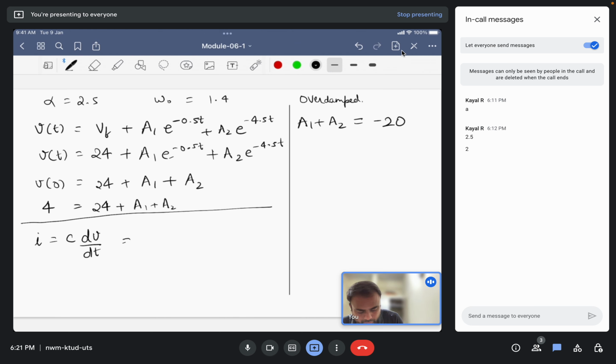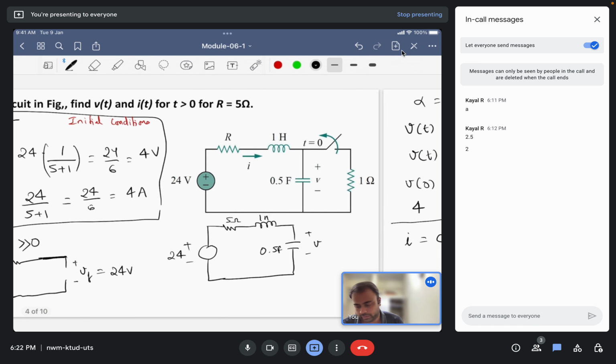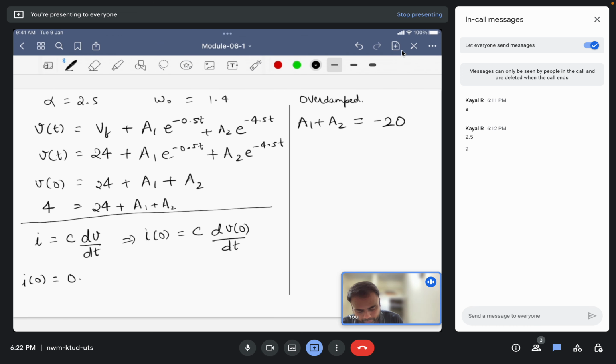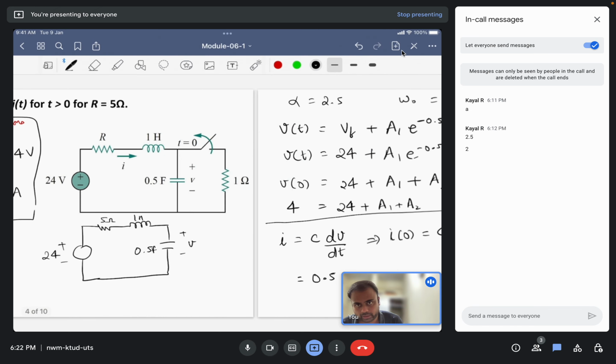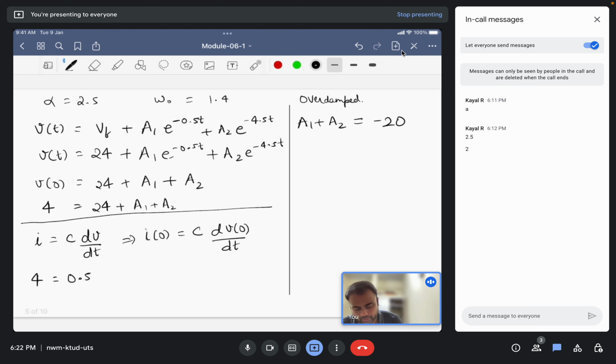So at I0 this will become I0 equals C dV0 by dt, since C is a constant term. Now we already know the function V of t, so we have to differentiate it once. How much was the capacitance? C was given as 0.5. And I0 was also given, so let us substitute it. I0 was 4 amperes, so I am putting 4 amperes in the LHS portion.